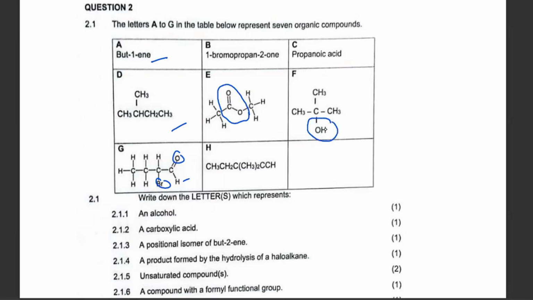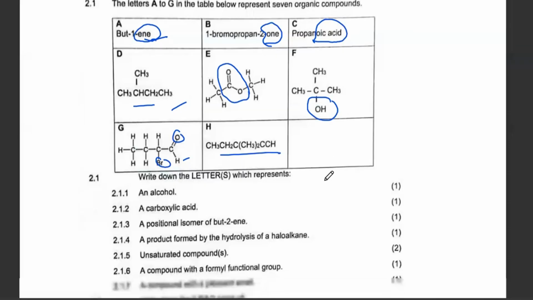An alcohol, oic acid, that's the functional group. So you need to know that. Since I know the functional groups, what is the functional group here? It's alkane.